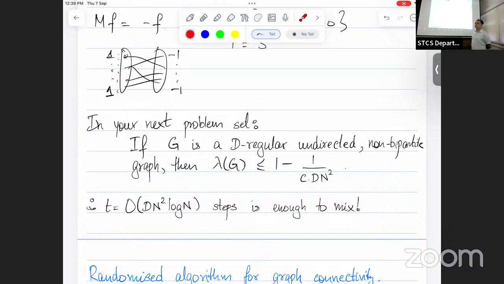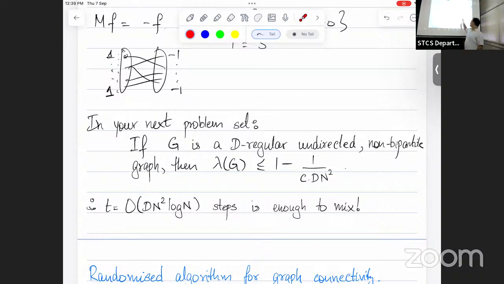If lambda n turns out to be -1 plus epsilon for some small constant, this says that if the graph is not bipartite, lambda n is away from -1 by at least some quantity. You can't be exponentially close to -1. You need some lower bound saying that if you are not at -1, you have to be away from -1 by at least some quantity that depends on both d and n. And that's what you have here.